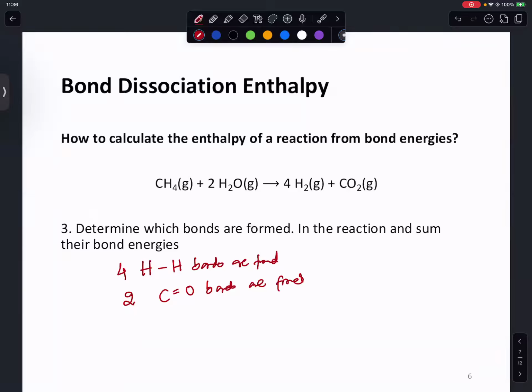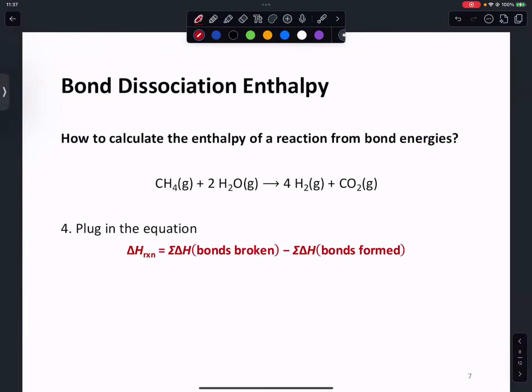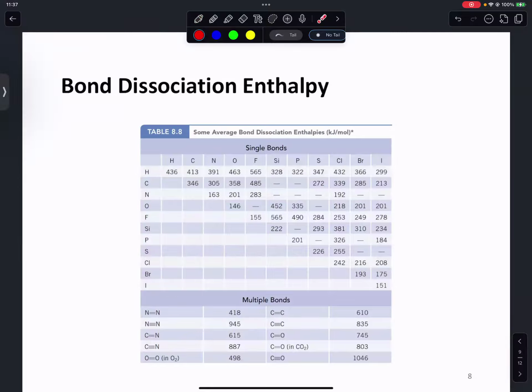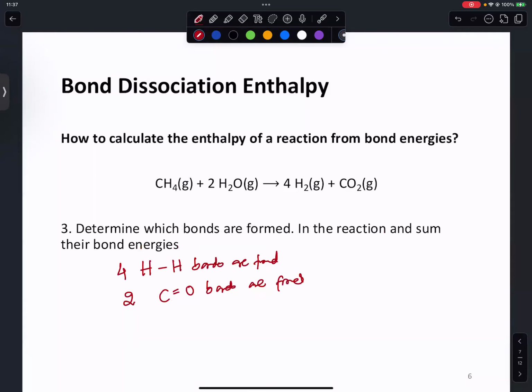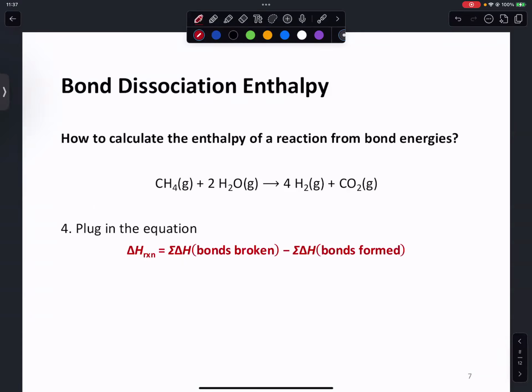Okay, and in this case, you will be given a table like this table. You do not need to memorize any of this. So do not memorize, okay? And then you will calculate the change in the enthalpy of the reaction using this formula by plugging and chugging.